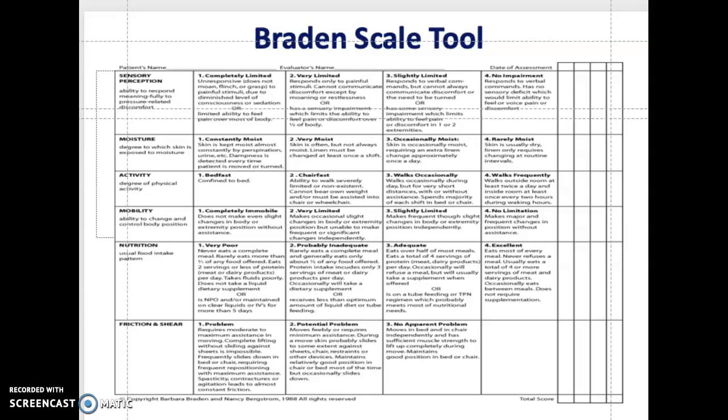So it's important to have a basic conceptual framework of the Braden scale tool that nurses use to assess patients that are considered high risk for pressure injuries.